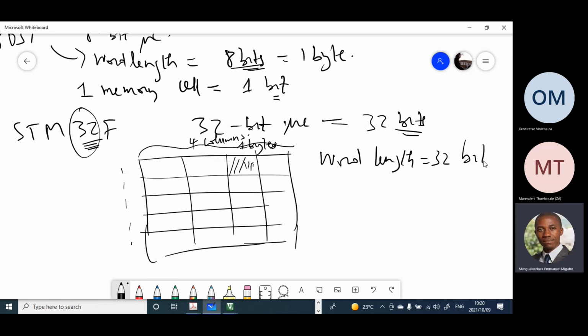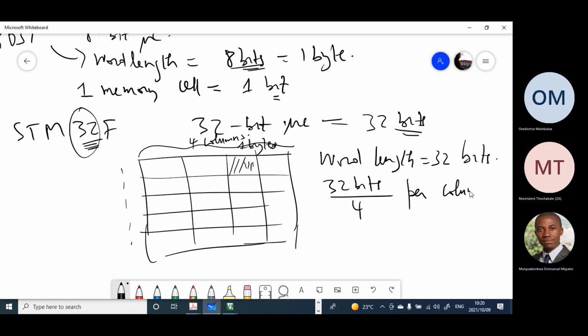In other terms, if we tell you that there are 4 columns, or word length is 4, and we ask you for the size of a memory cell, then of course that 32 bits must fit in those 4 columns, which means it is 32 bits divided by 4 per column. Actually per cell, because at the end of the day, it's 1 cell we are looking at in that specific row. You agree? Per cell, which means we've got 8 bits per cell.